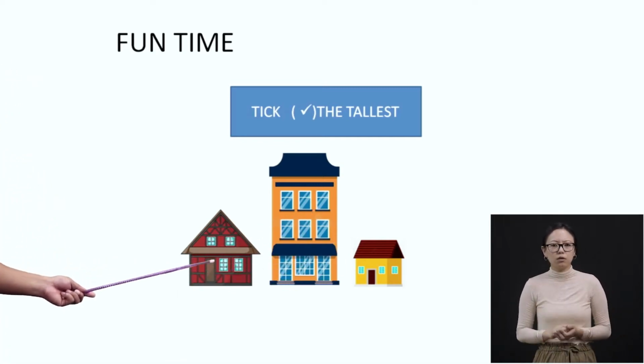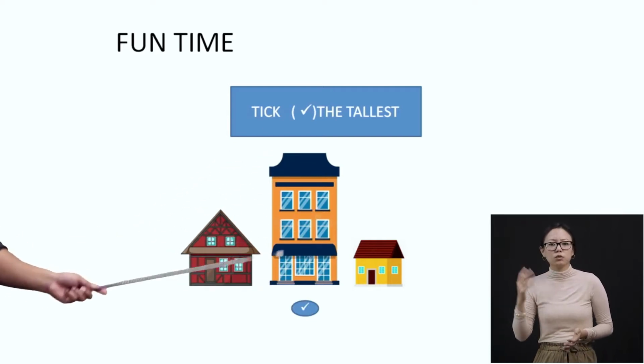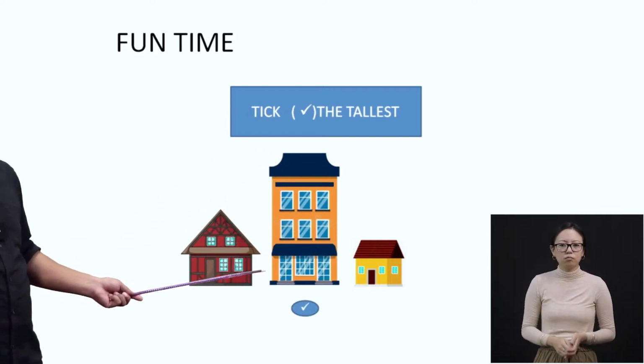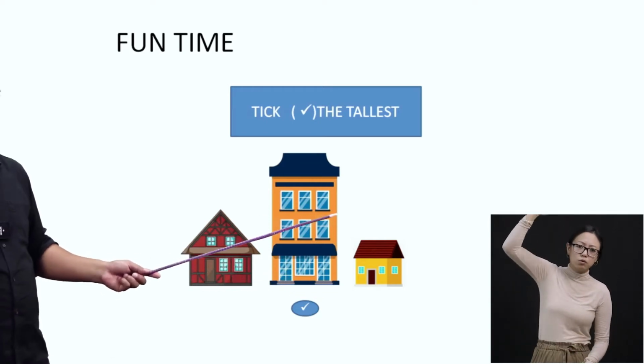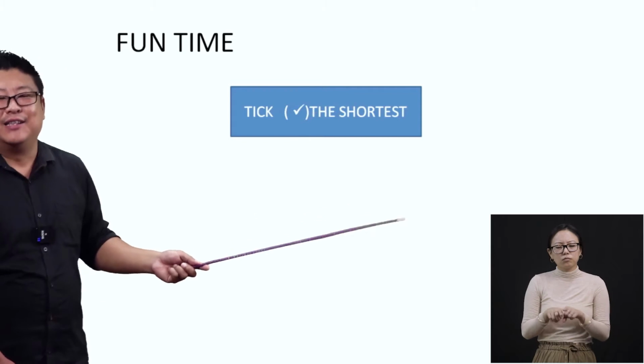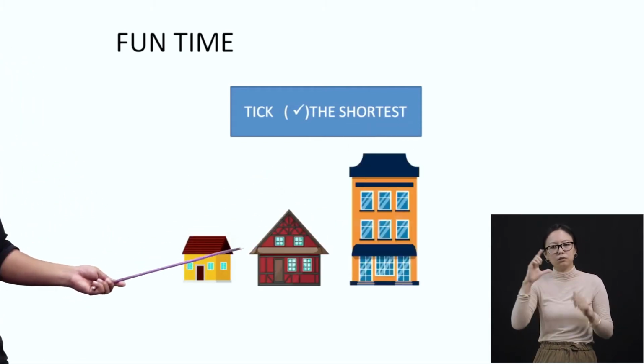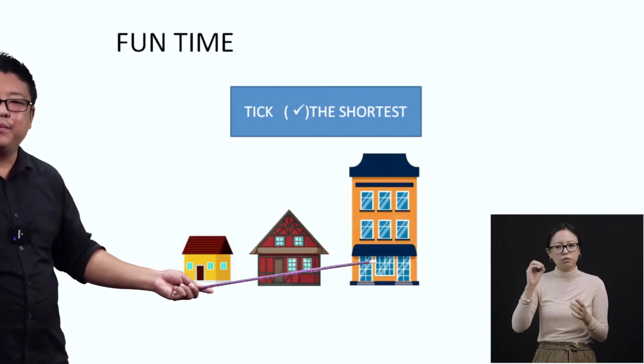Just by looking at the image, we can say that this building is the tallest among the three of them. All right, children? Similarly, the opposite of tallest is shortest. So the same buildings again, the small house, a house, and the building.